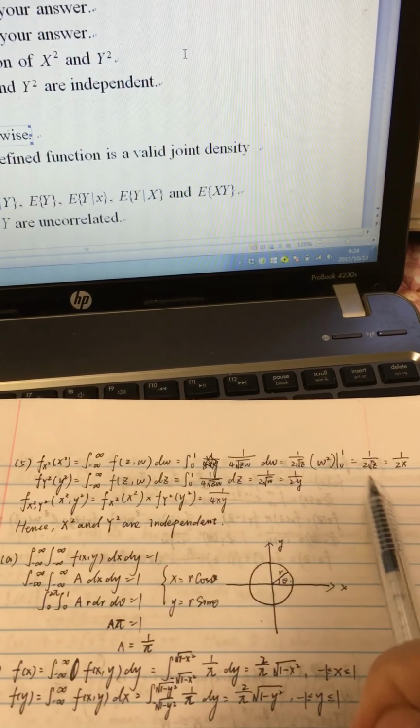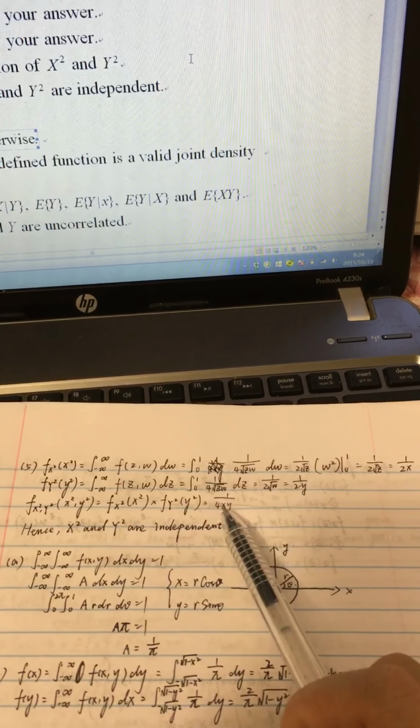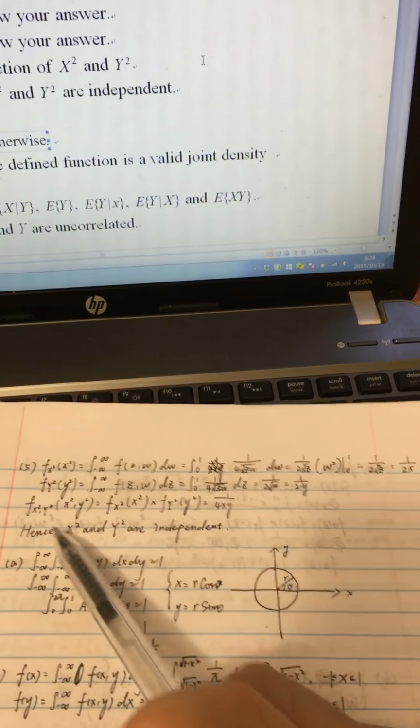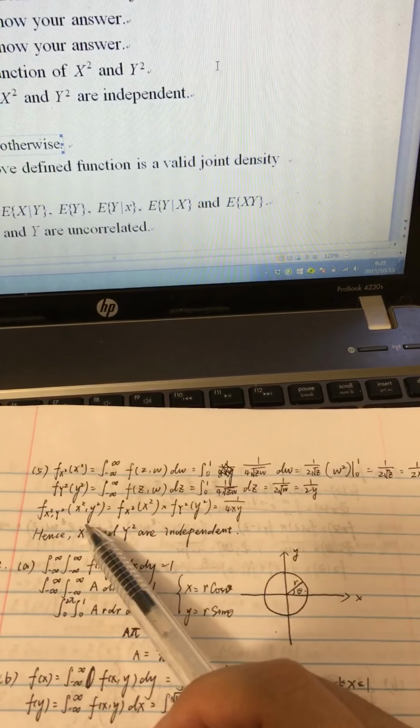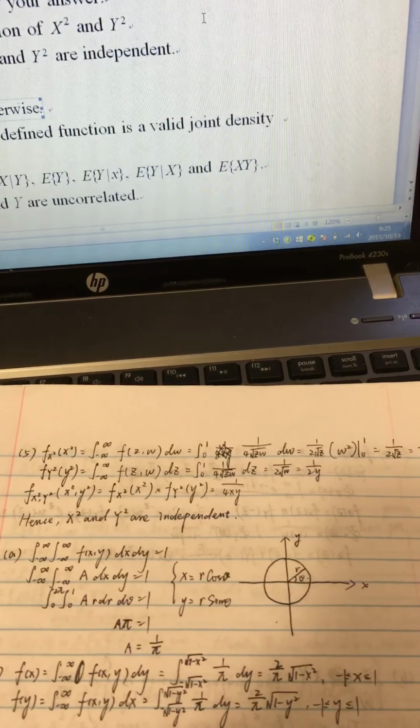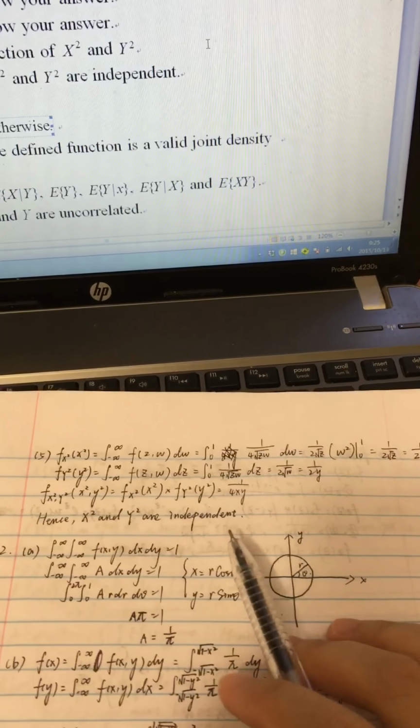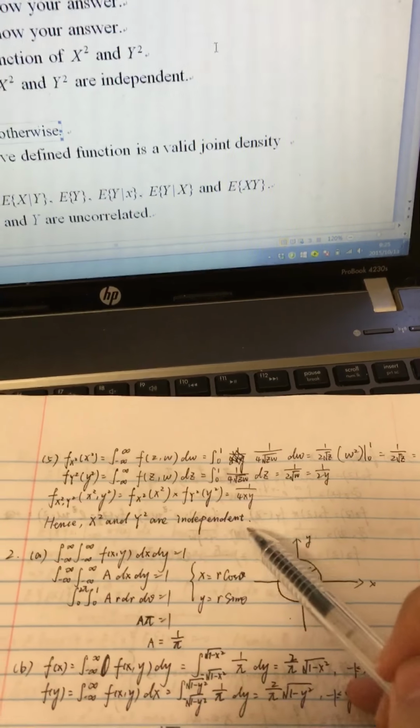Multiplying these two together, we get 1 over 4xy, which equals the joint density function. Hence, x squared and y squared are independent.